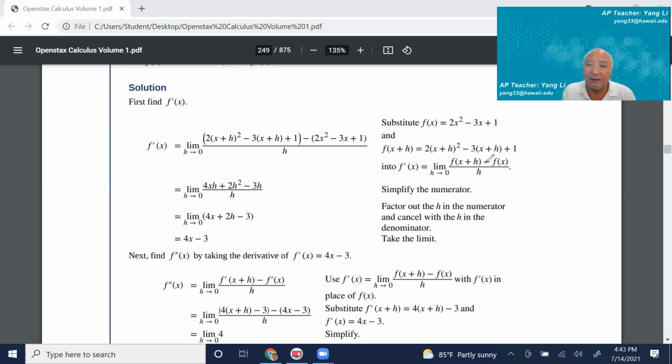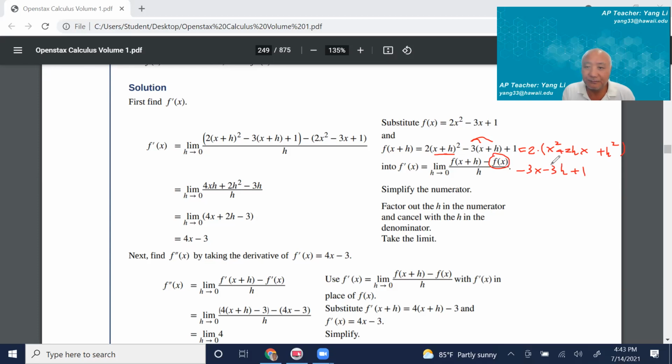This part you can write as x squared plus 2hx plus h squared, and the minus distributed in 3x, minus 3h, and plus 1.